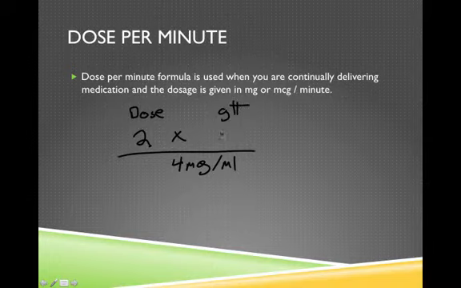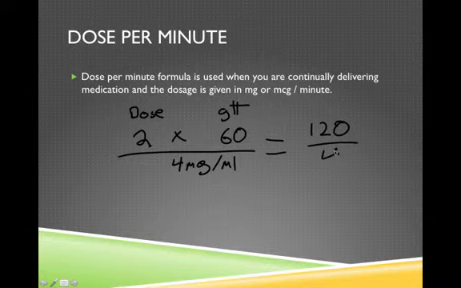Let's say that we were using a 60 drop set, and that would be all the information we required for dose per minute. So 2 times 60 is 120, and then we would divide this by 4. So 120 divided by 4 is 30, and that's already in drops per minute.